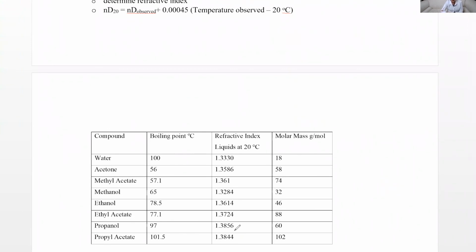You also want to make sure to read the experiment. Before you take the pre-lab, read the experiment carefully, because the questions are asking for detailed information about the experiment, but all the answers can be found within the experiment.